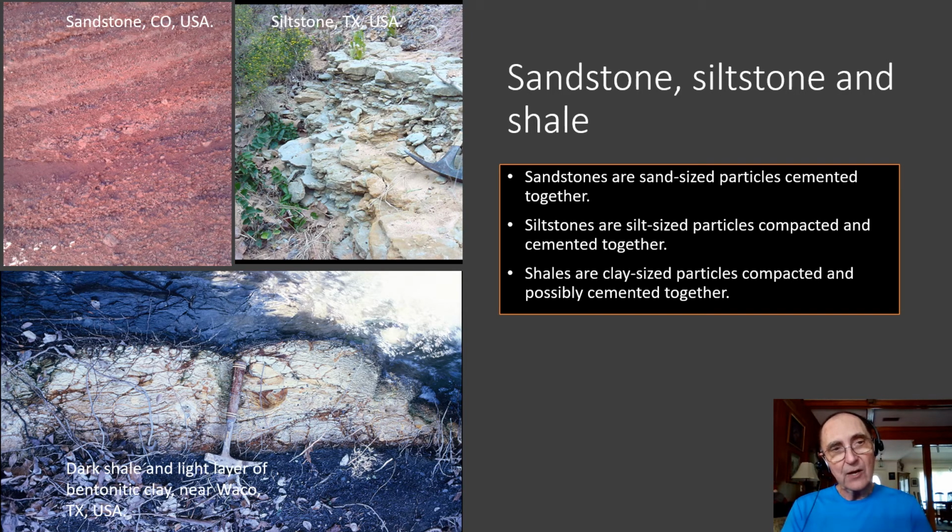The pictures clockwise from the top left: we have a sandstone from the Garden of the Gods in Colorado. Next to it is a picture of a siltstone in the North Texas area. And the picture on the bottom is a shale that has within it a light color layer, which is a bentonite seam. Bentonites are clays that are derived from the alteration of volcanic ash.